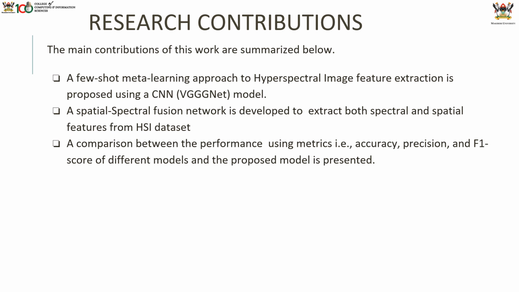Second, we developed a spatial-spectral fusion network, which is used to extract both spatial and spectral features from the HSI dataset. And then we did a comparison between the baseline models and our feature learning model in terms of performance using metrics such as accuracy, precision, and F1 score.